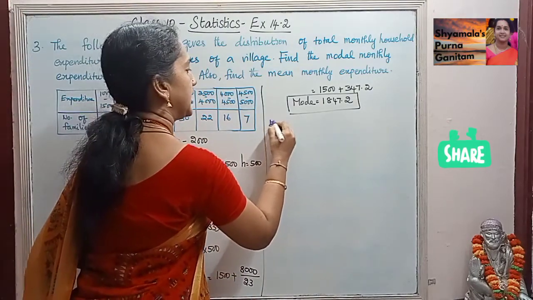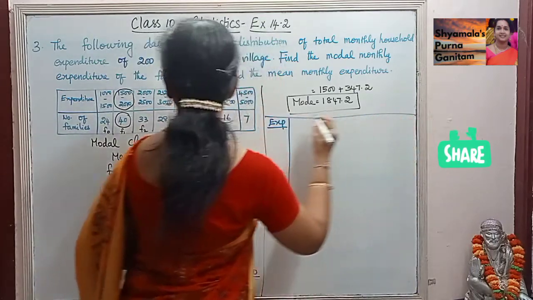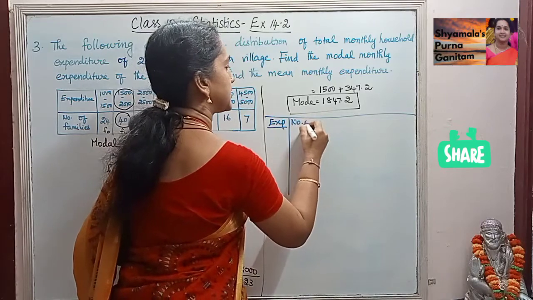Now we'll calculate the arithmetic mean. For that we'll put the tabular column again, expenditure and number of families.